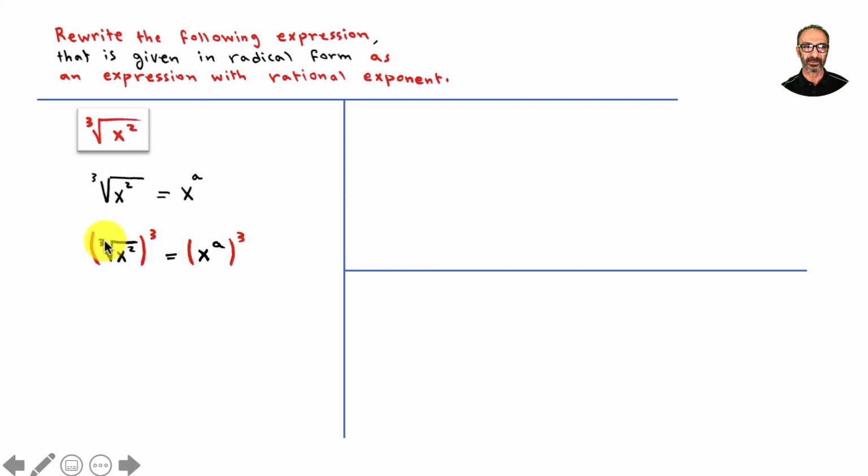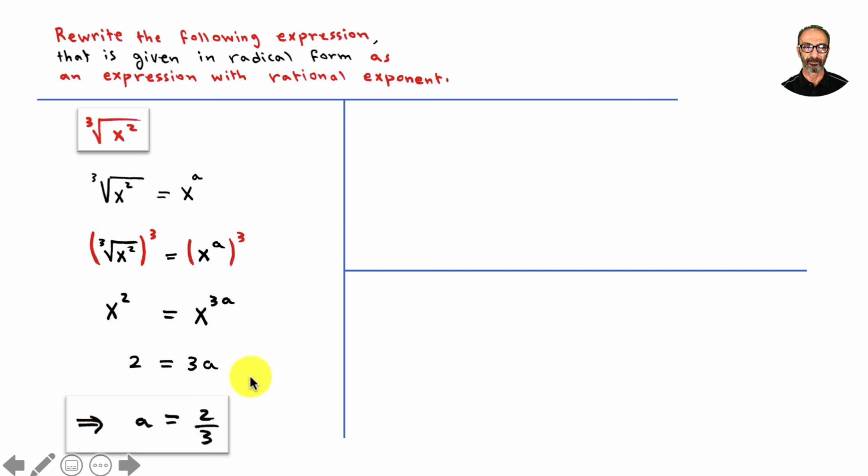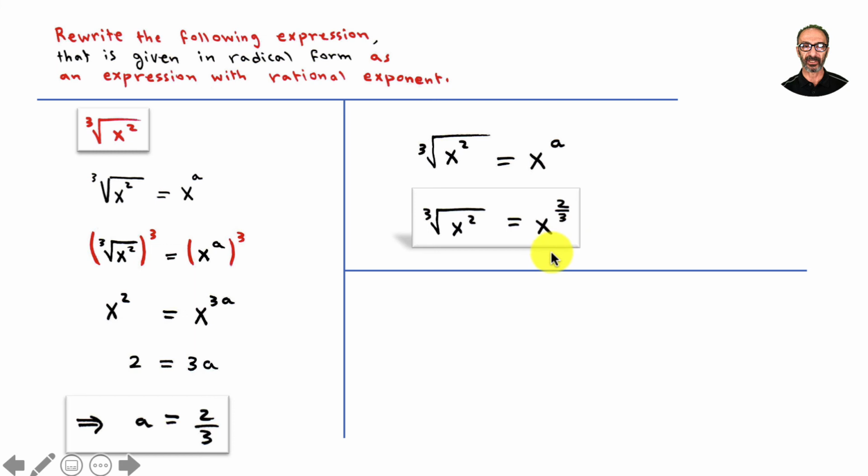This will cancel this, and we'll multiply 3 times a. I have x to the second equals x to the power 3a. Powers are equal, bases are the same, so the exponents have to end up the same. 2 equals 3a, divide by 3, so a should be 2/3. We started with this and we solved for a, and that's the answer.